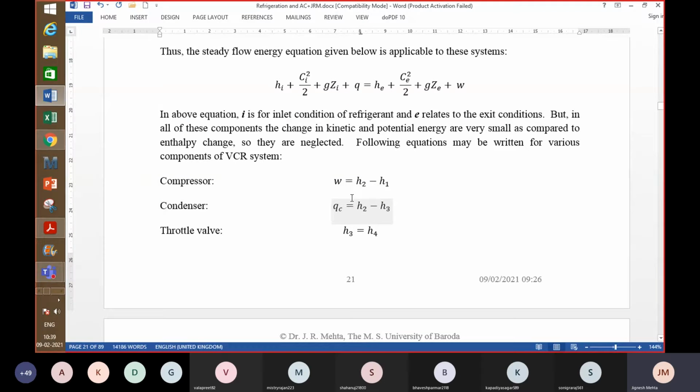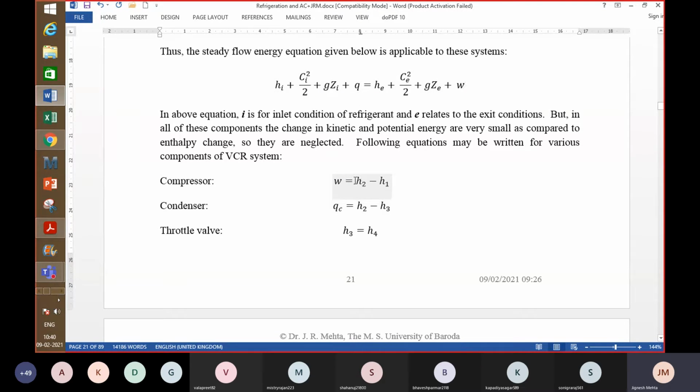Now, as you might have seen, in this W, if I take the HE on the other side, it will be HI minus HE. Right, now which one is bigger? HE is bigger, so W is going to come out negative, right? W is going to come out negative.